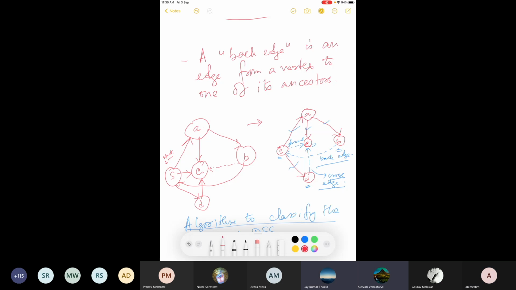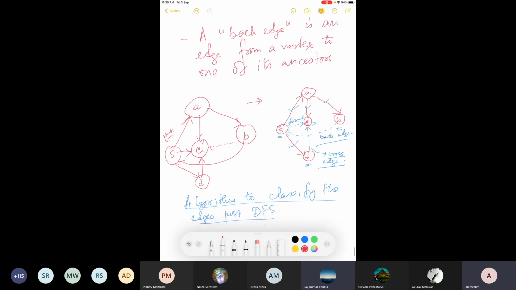It is similar to the relation between C and D. Okay, let's see. So A becomes an ancestor of C, and A becomes an ancestor of D, and sorry, A becomes an ancestor of B also.